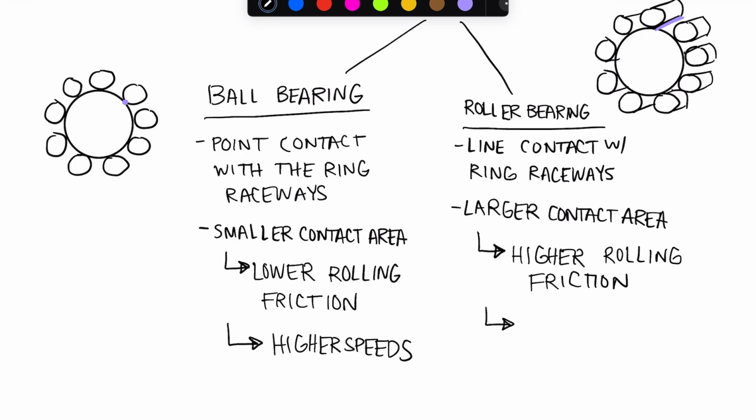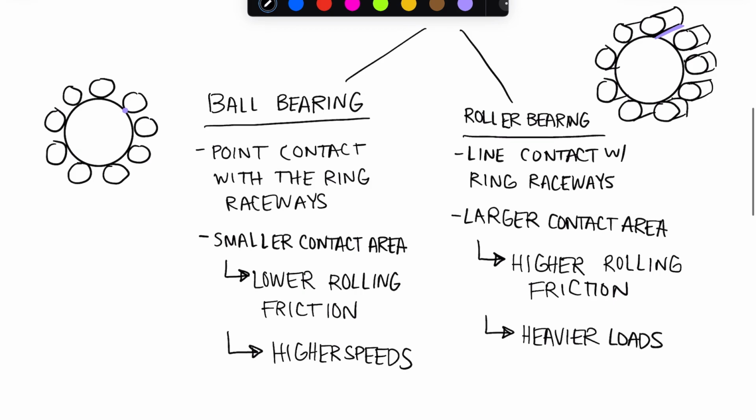For the roller bearing, the advantage of having a larger contact area is that you can carry heavier loads. Right? We may have more friction, but we also have a larger area that we can distribute our load to.